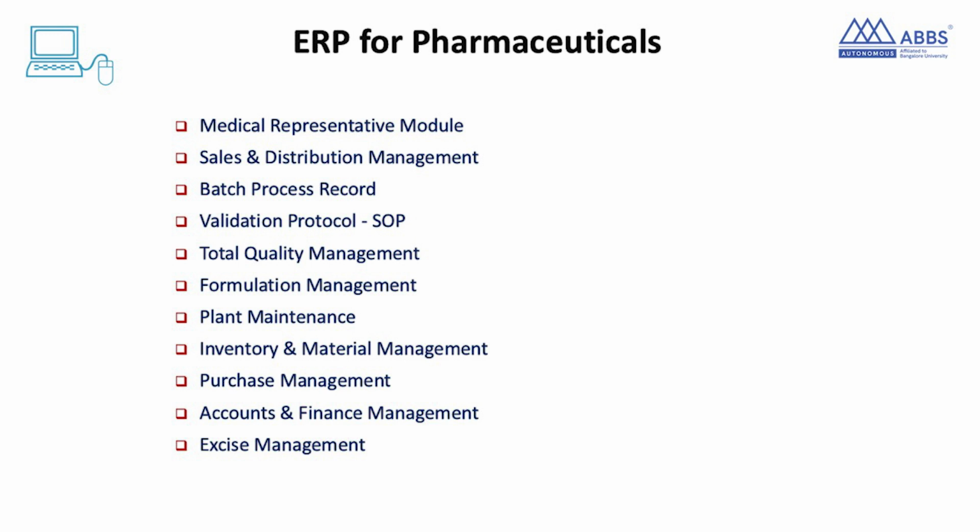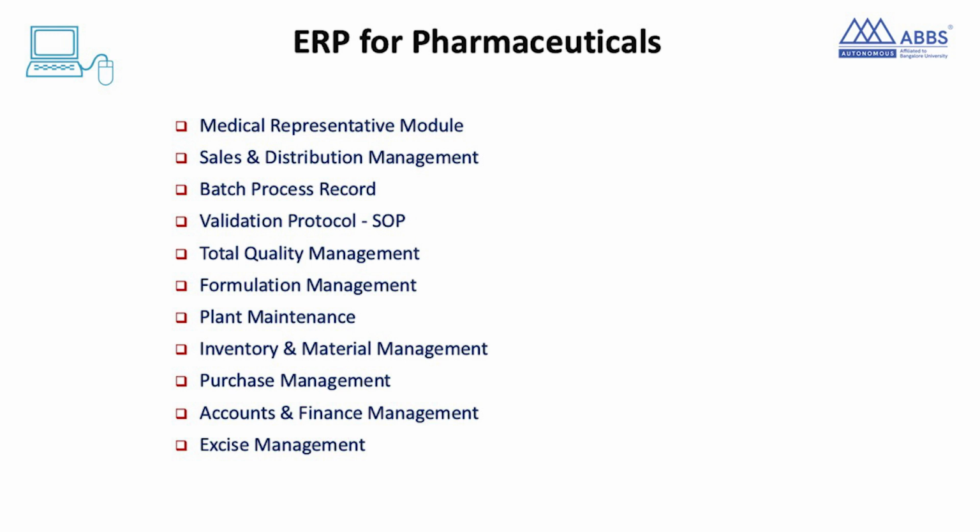Now, in this particular module, we are going to take the example of the pharmaceutical industry to understand how an ERP package for a pharmaceutical company would look. ERP for pharmaceuticals might have a medical representative module, sales and distribution module, batch process record, validation protocol, standard operating procedures, total quality management, formulation management, plant maintenance, inventory and material management, purchase management, accounts and finance management, excise management, or maybe a few more.